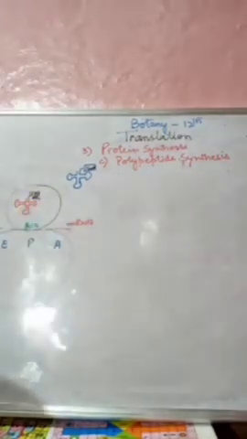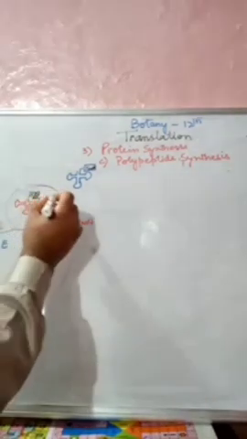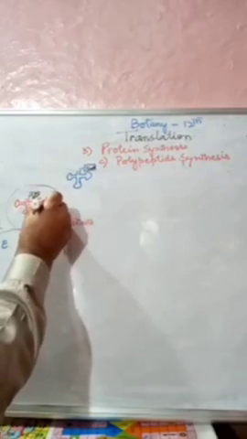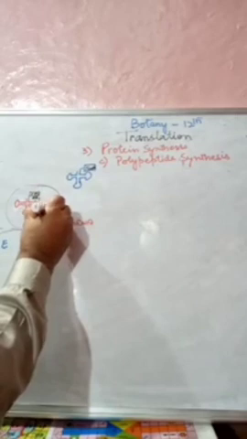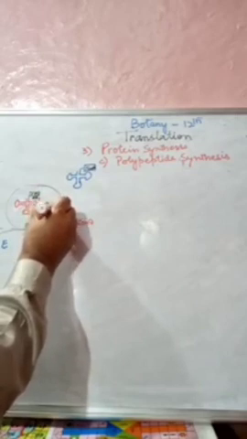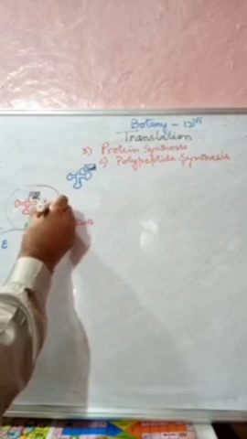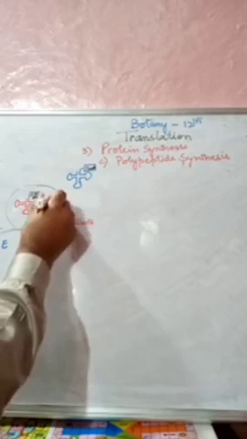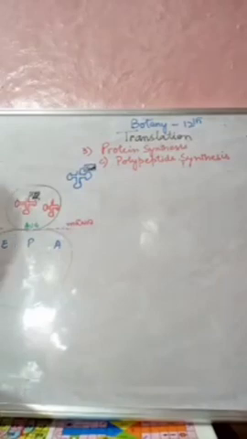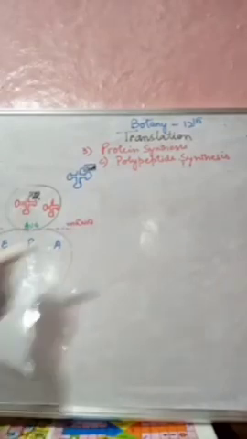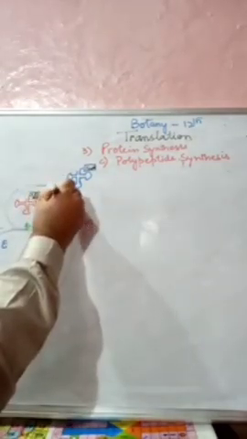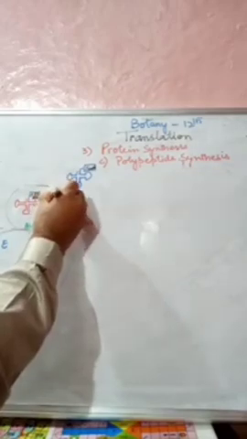So if we draw the diagram one more, like this: loop first, loop second, loop third, and this is the amino acid. We will call this amino acid second, AA2.